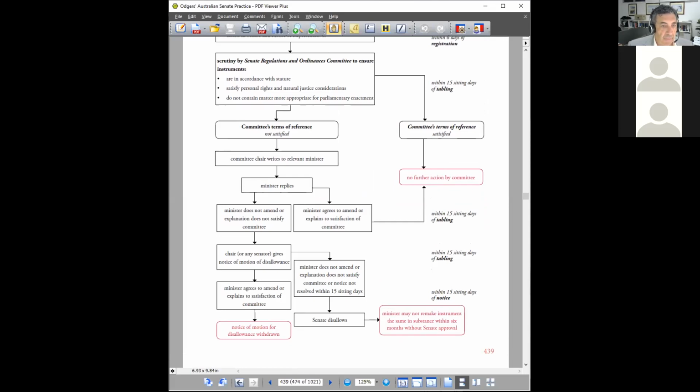All right, so when it comes to the making of delegated legislation, the procedures are, of course, different to those procedures that are used in the enactment of statutes. So there are no stages for legislative passage, there's no bill as per se, there's no opportunity for amendment.